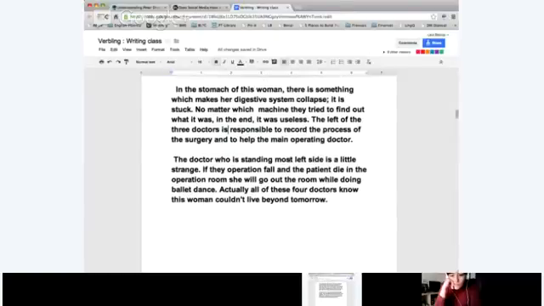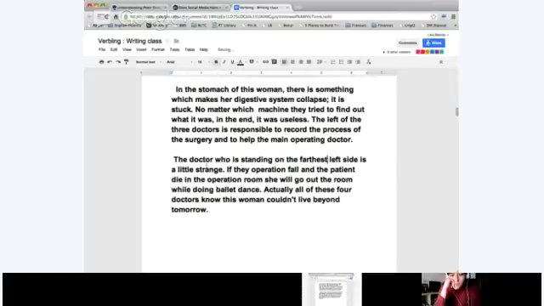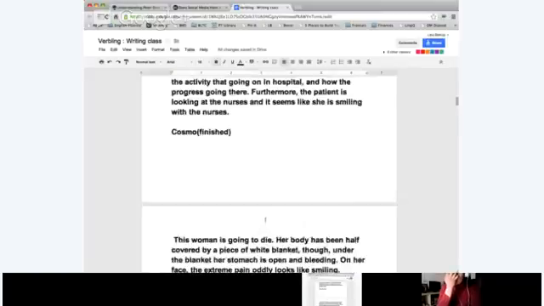The doctor who is standing on the farthest left side is a little strange. If the operation fails and the patient dies in the operating room, she will go out of the room while doing a ballet dance. Actually, all of these 4 doctors know this woman won't live beyond tomorrow, or can't live beyond tomorrow. Okay, thank you.